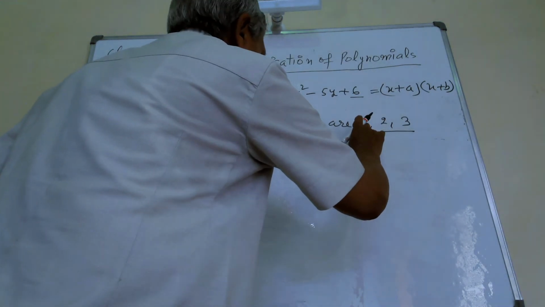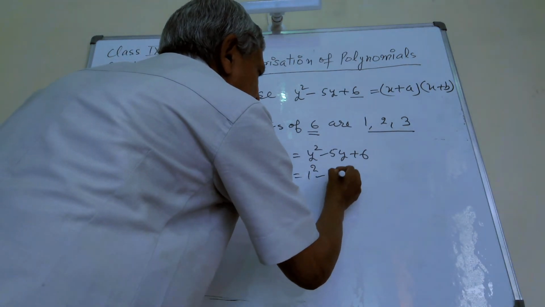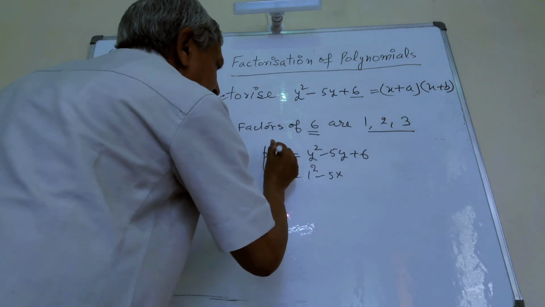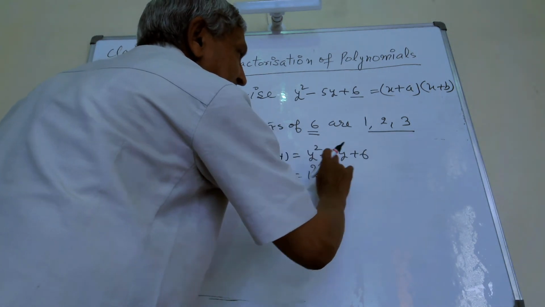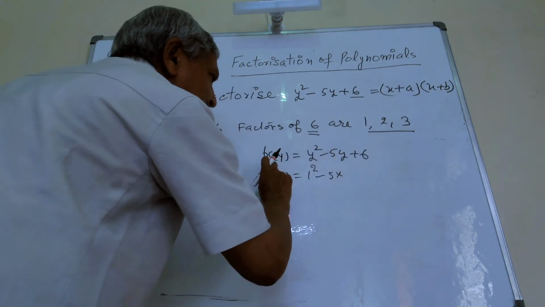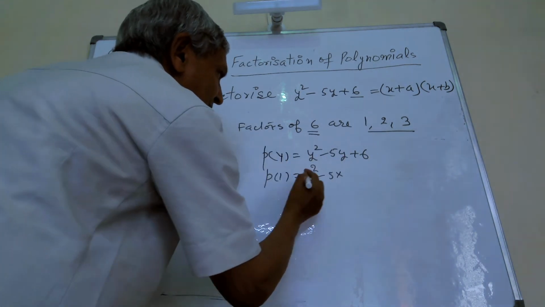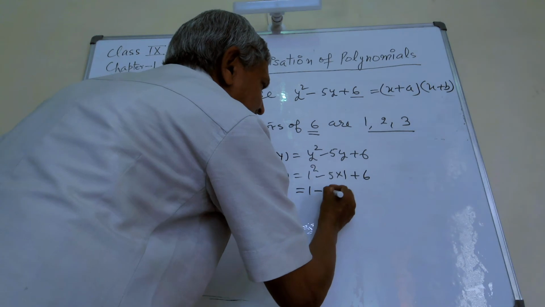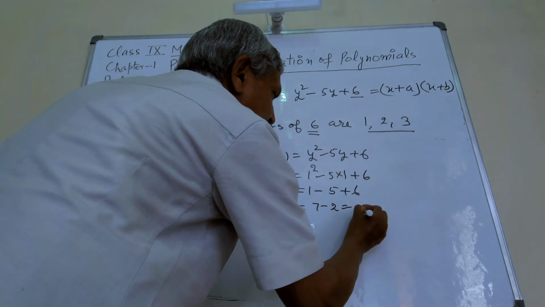First, put the value 1: P(1) is 1 square minus 5 into 1 plus 6. The polynomial is in y, so we have to take P(y). If the variable is x, we take P(x). If the variable is t, you have to take P(t). Mind it. 1 minus 5 plus 6, 7 minus 5 is equal to 2.